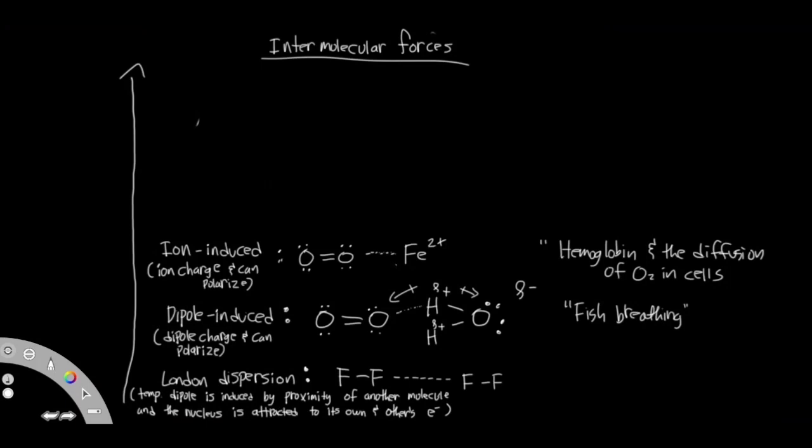And then it's going to diffuse. So it must be stronger than, let's say, a dipole-induced, because it would be very non-beneficial and not practical for this to fall off easily. So it's going to be a stronger hold, but it obviously cannot be too strong. That's why it's not up here. It's kind of in the middle, but still on the lower side of the ladder.